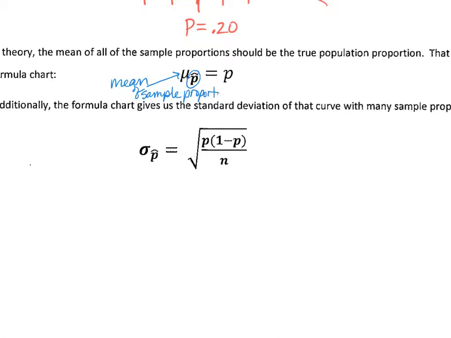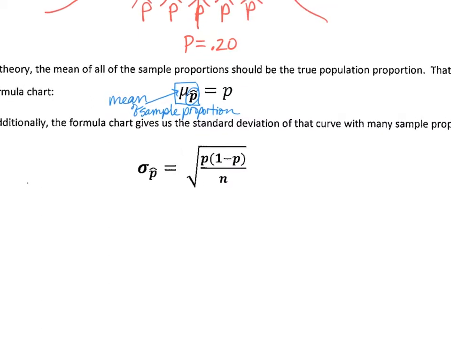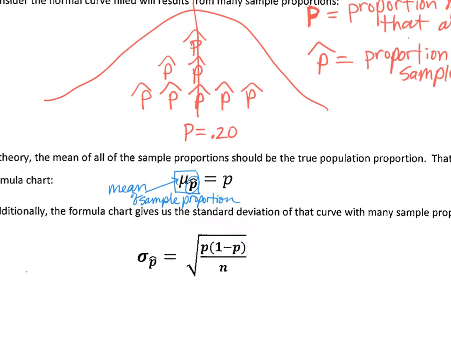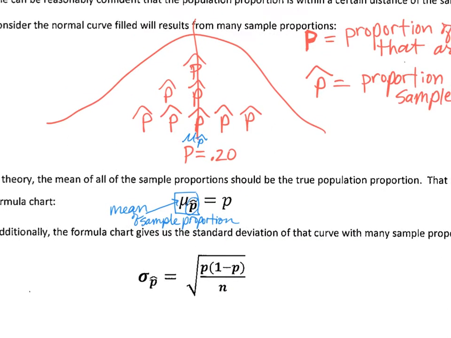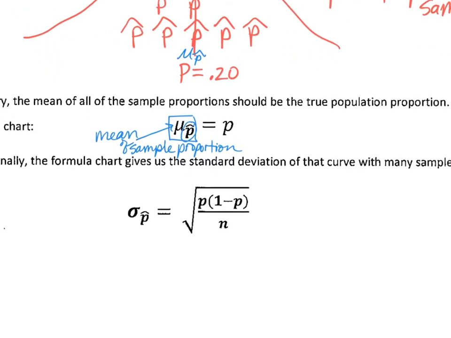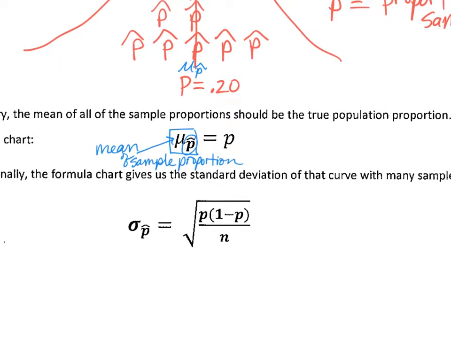So that symbol over here on the left is the mean of all the sample proportions. For example, that's right here, the center of all of the p hats. And according to statistical theory, the center of all the p hats will be the same thing as the what?